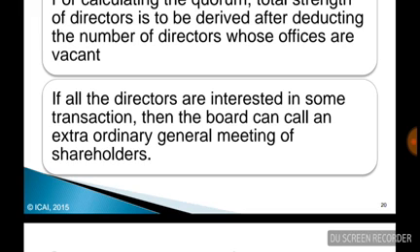Why was this made? We discussed what interested directors are and what was said in the Act related to them, and let's discuss why this was incorporated.